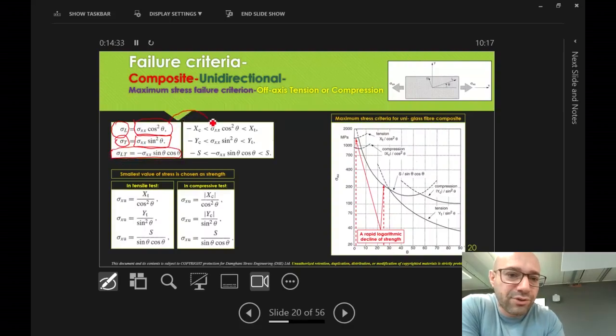From the maximum stress failure criteria, we know that sigma L, or stress in the L direction, must be less than the strength and negative of strength in compression. The same could be said of perpendicular direction and for the shear.